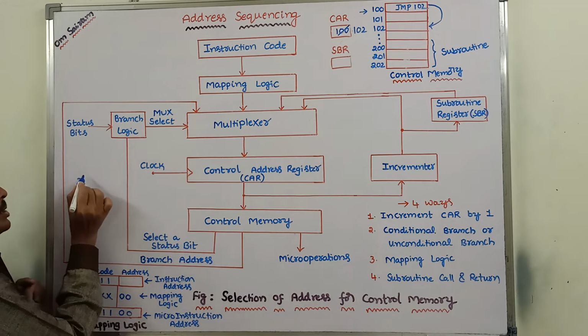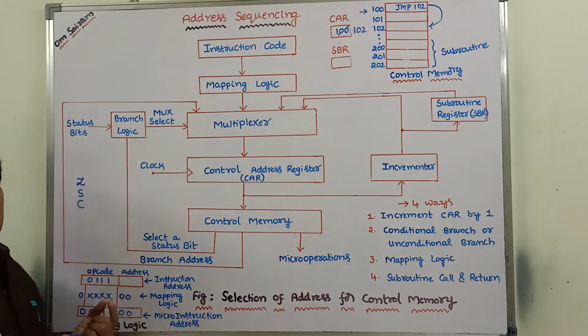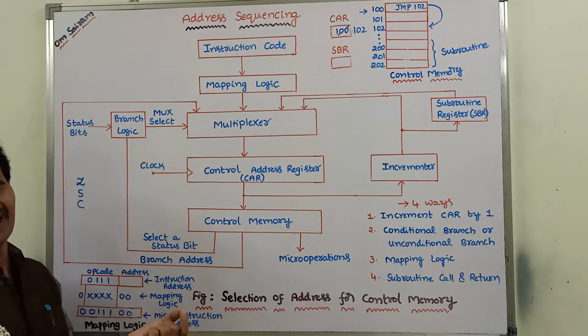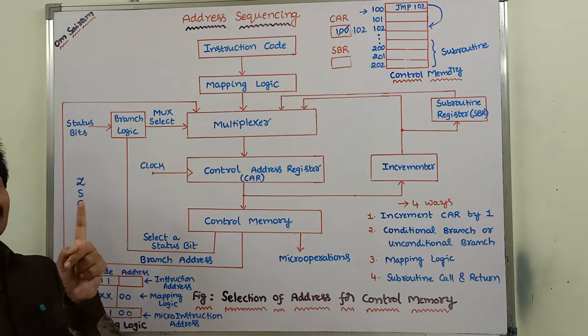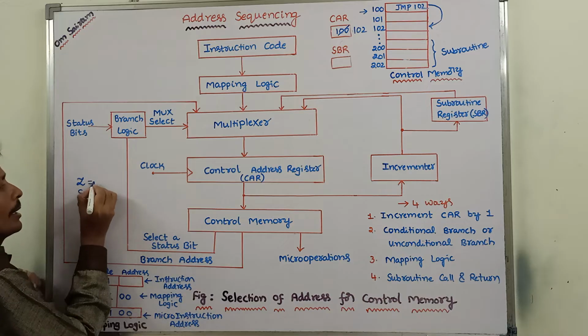Here the zero flag is used for checking whether the accumulator contains the 0 value or not. If the accumulator contains the 0 value, then it is set as 1.